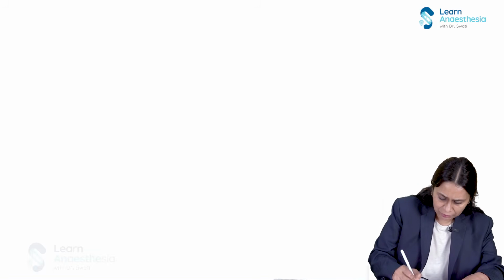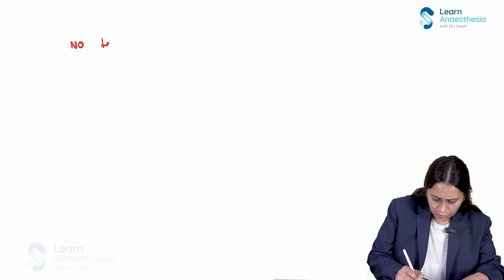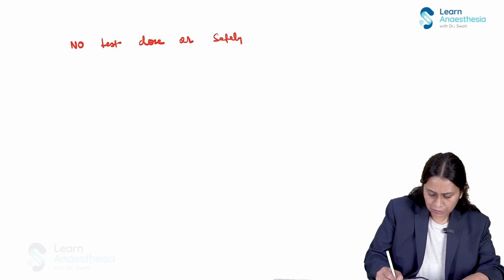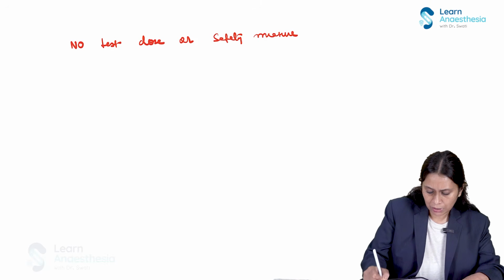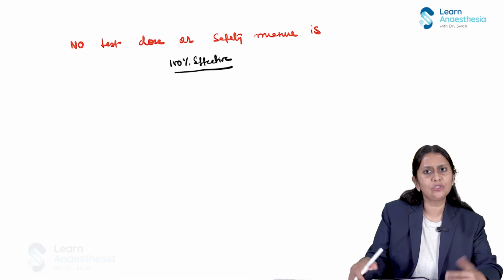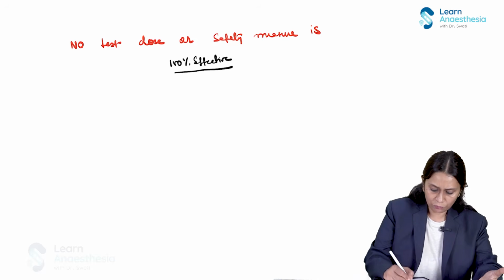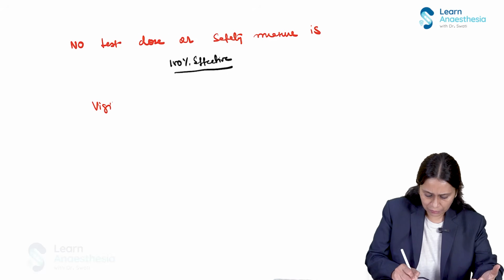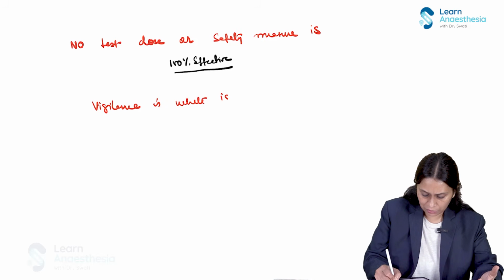No test dose or safety measure is 100% effective in preventing the complication. Serious complication can happen, so we have to be very vigilant. Vigilance is what is required, right? So what should we do?